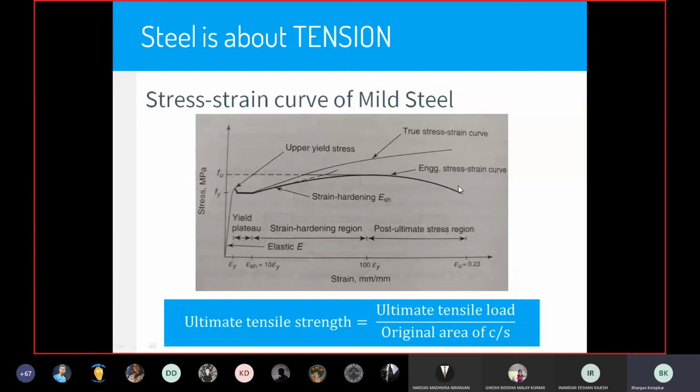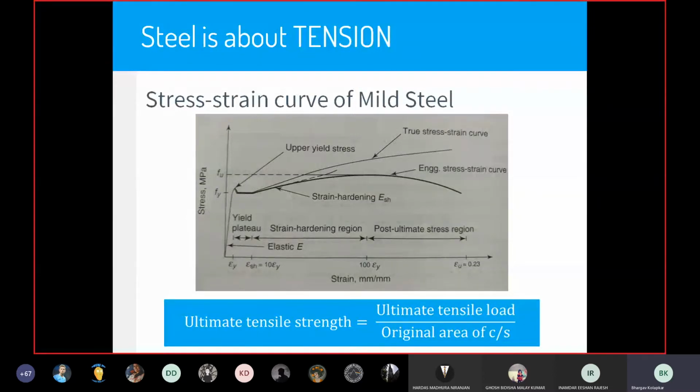And if we look at the ultimate strain, looking at the scale of the graph, it is about 170 to 180 times epsilon y, which means that when the stress goes from Fy to Fu, the strain can increase by about 160, 170 times.